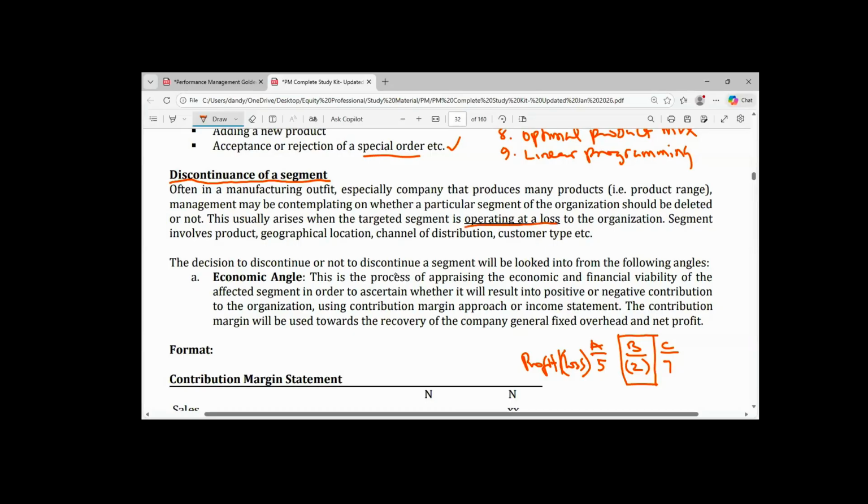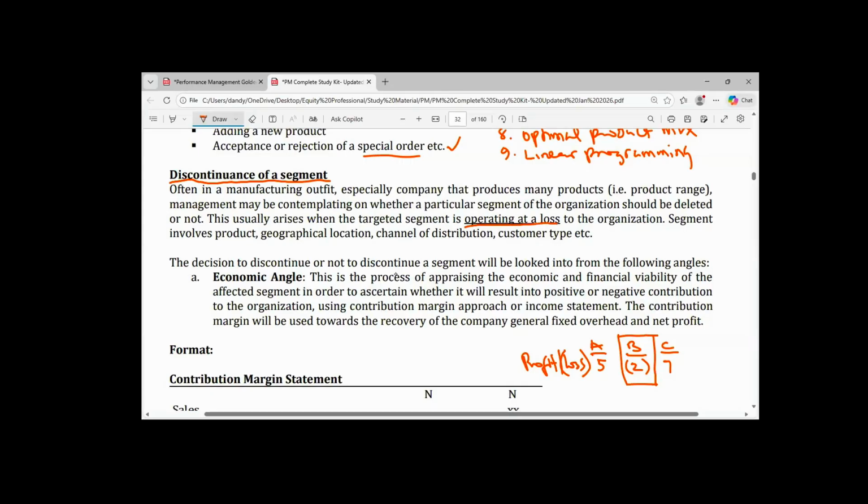If the segment is operating at a profit, if the company is making profit from the product, they will not be thinking of closing down the product or the segment.